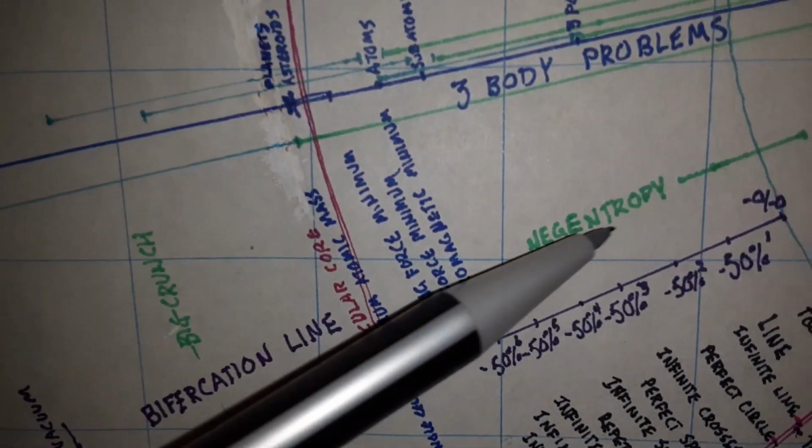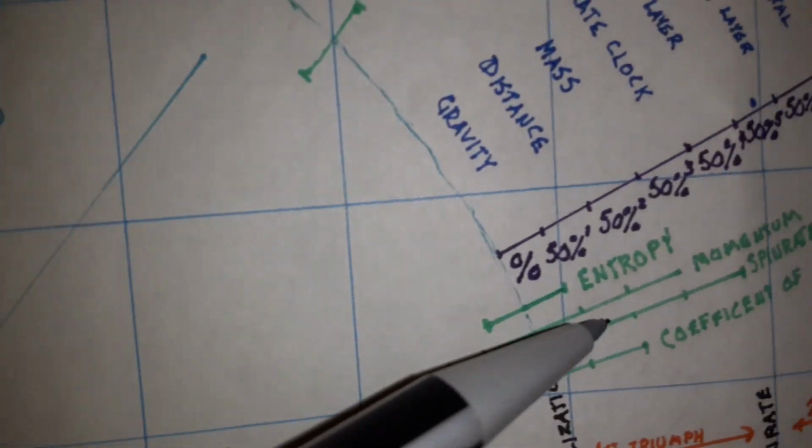You have your neg entropy coming off the back end, where you'd have entropy on the front end.